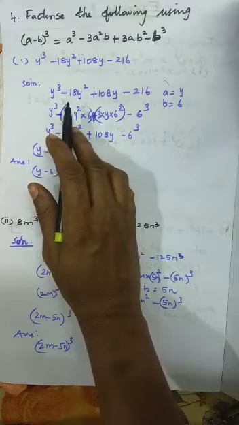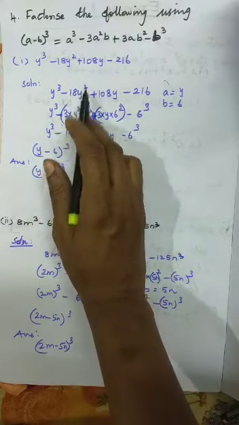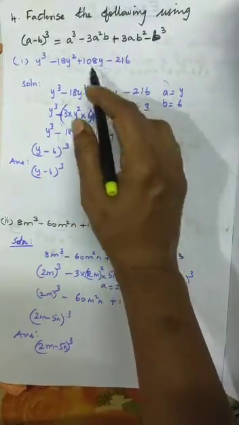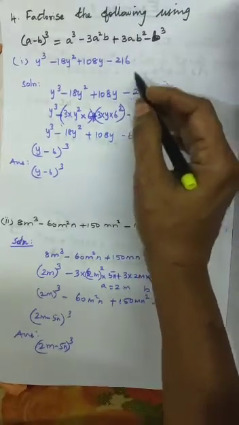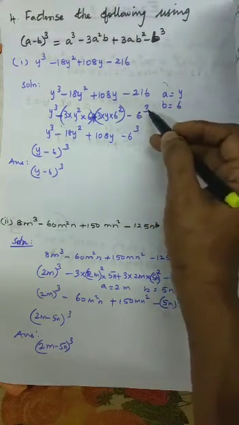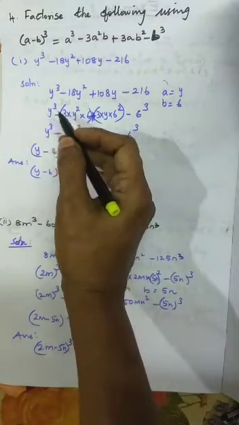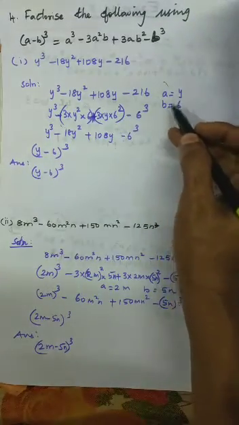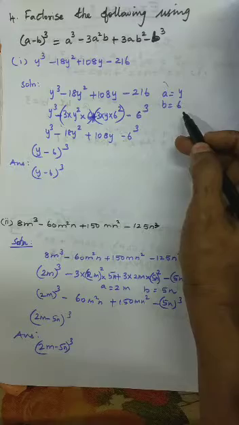So, y cube minus 18y square plus 108y minus 216. So, we can write this as 6 cube. Okay, here y cube. So, a is equal to y, b is equal to 6.